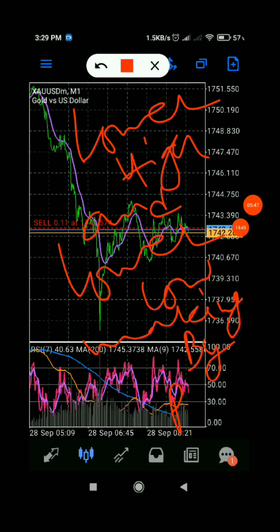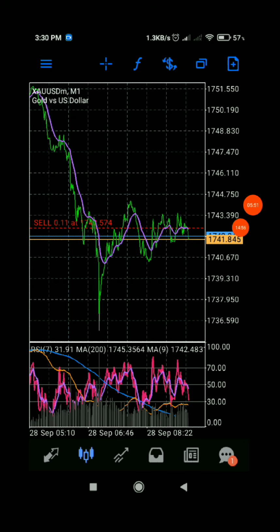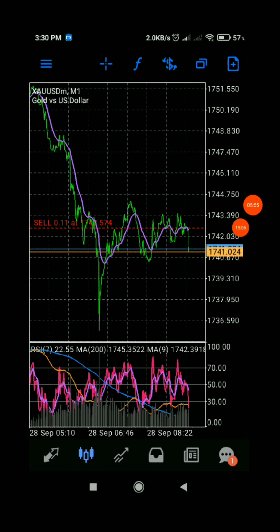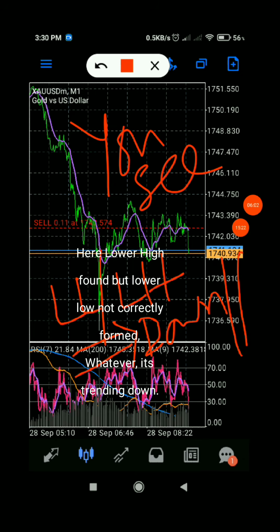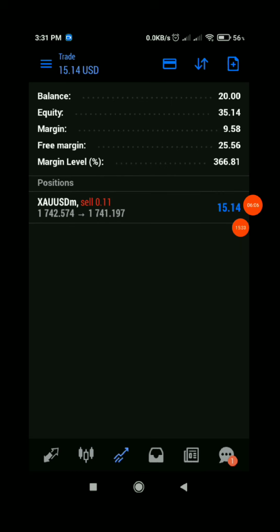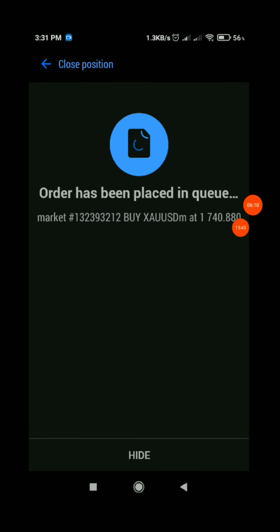Lower high and lower low make a downtrend. So we can take sell entries. As you see, price went down nicely. So lower low, lower high means it's a downtrend. That's why we have taken sell entries from this level.